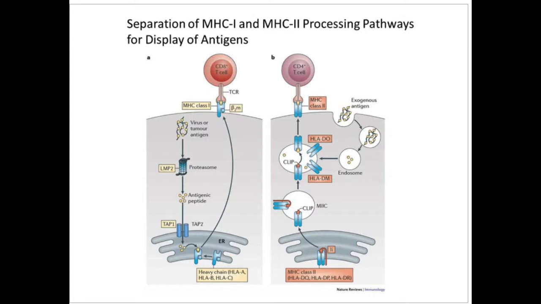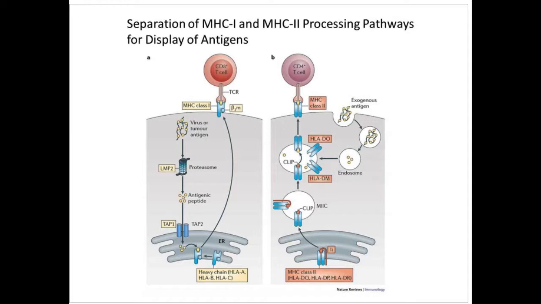In contrast, processing of antigens in the MHC2 processing pathway is considered an exogenous pathway for display of antigens. So in this case, on the right-hand side, MHC class 2 is expressed on the cell surface, and uptake of exogenous antigen goes through phagolysosomes, endosomes, and into a variety of vacuoles that transport the peptides onto the HLA-DM and HLA-DO system.